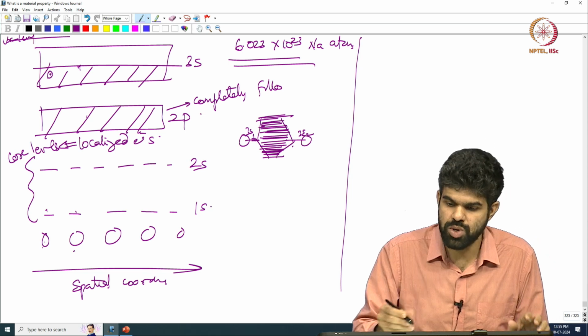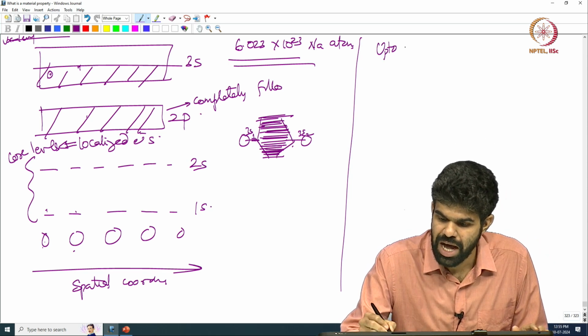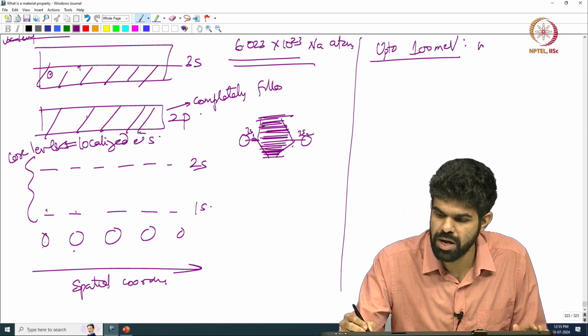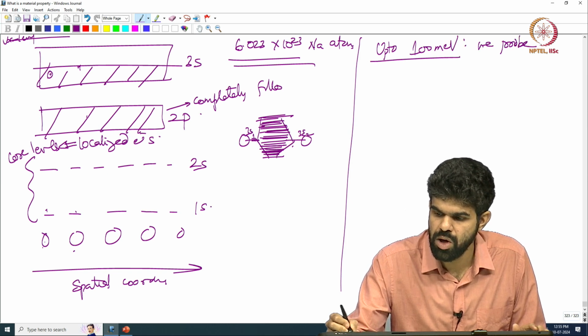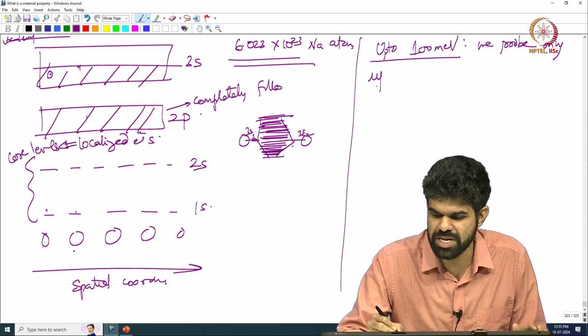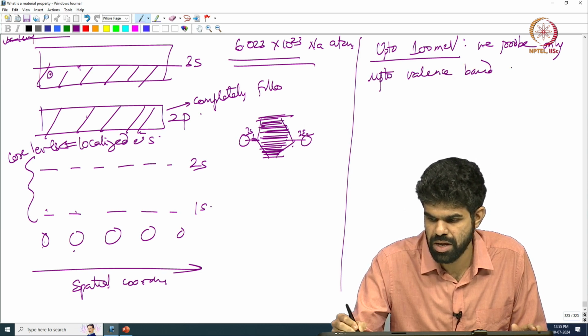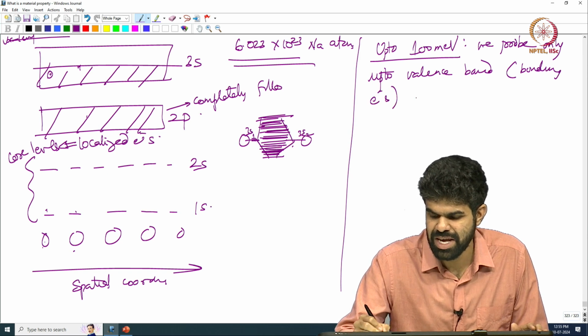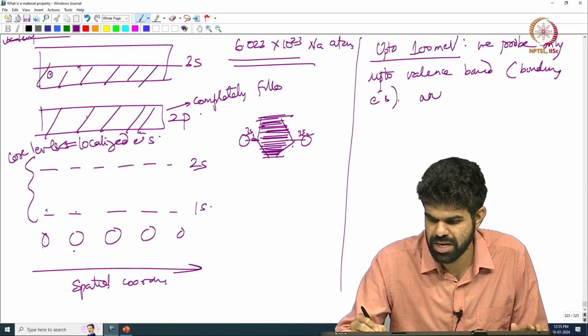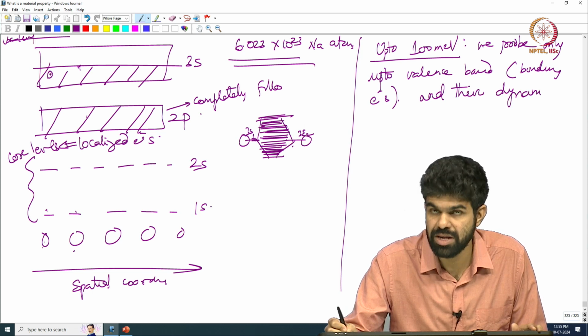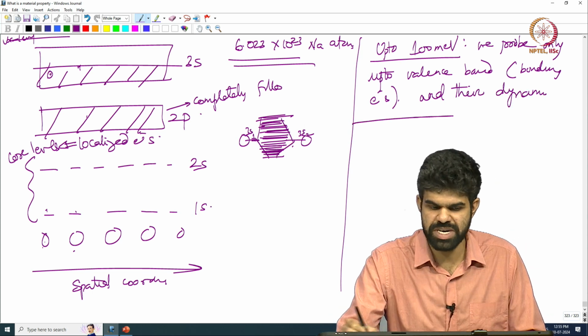So up to 100 meV we just probe only up to the valence band of the system, or in other words, bonding electrons and their dynamics. That is what we did until now.